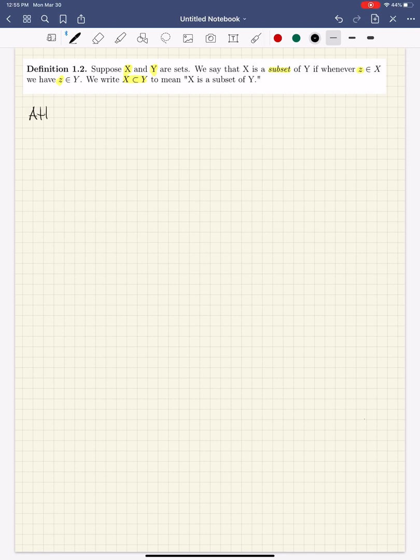And here's some attention that you want to pay. In the literature, there's sometimes a different definition of this. Sometimes X ⊂ Y means X is not equal to Y, so it means a strict, let's say proper subset.